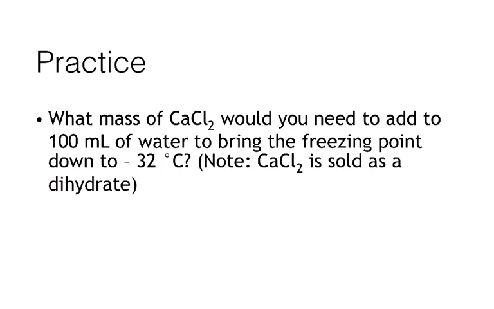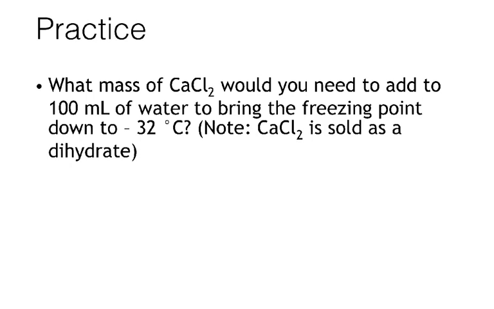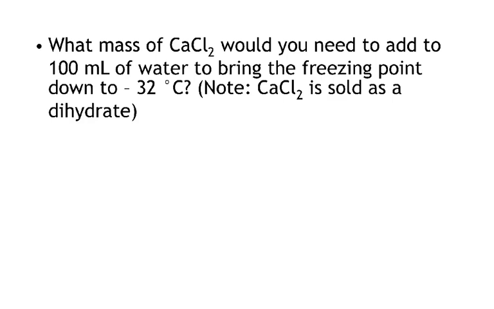Here's another practice. What mass of calcium chloride would you need to add to 100 milliliters of water to bring the freezing point down to negative 32 degrees Celsius? And again, my Kf for water is 1.86. And one other thing to know, when calcium chloride dissolves in water, you're going to get 3 particles.